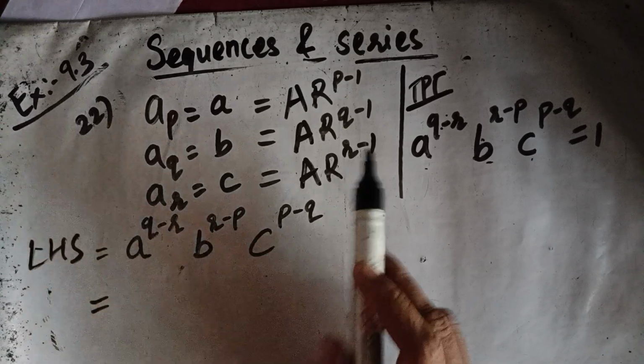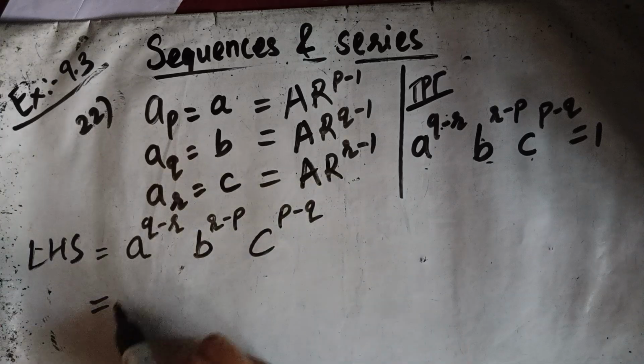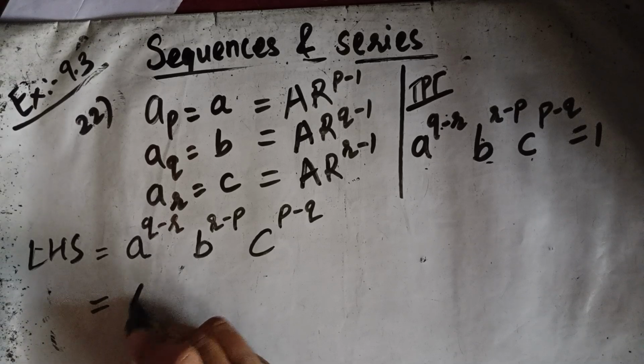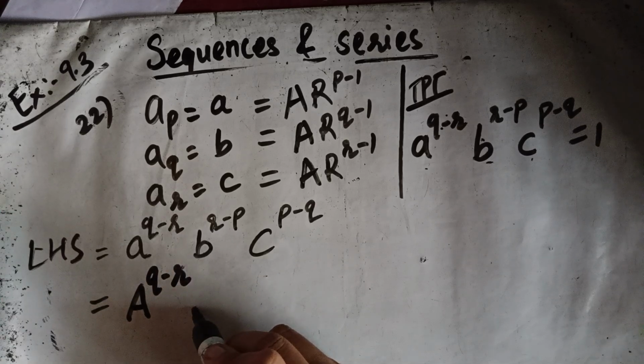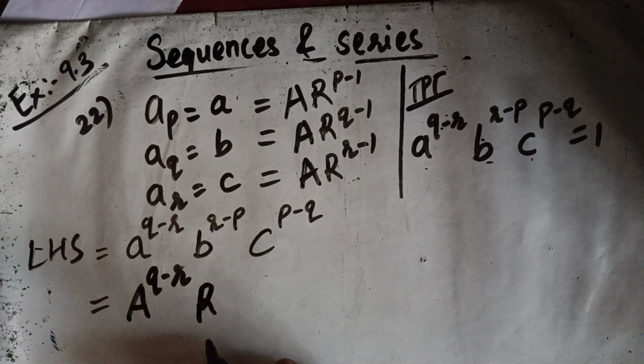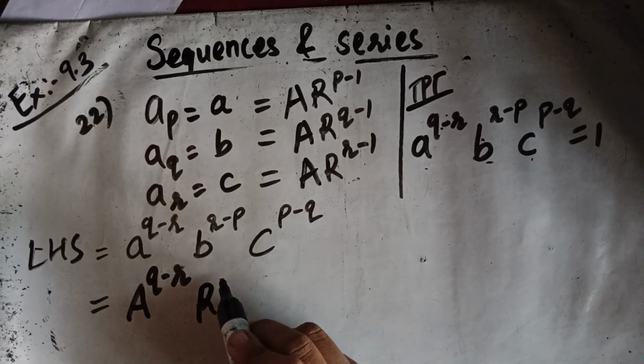So in terms of this you have to write A raised to Q minus R, then R raised to Q minus R minus 1.